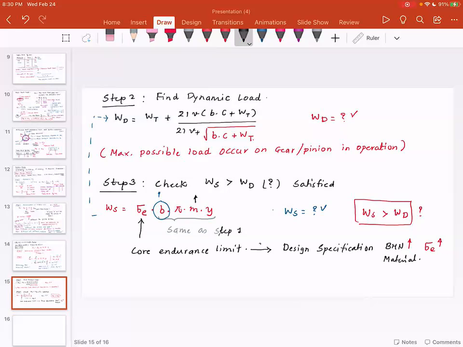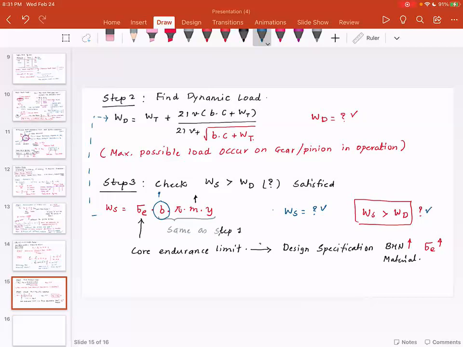If changing the design specification, like increasing the Brinell hardness number or changing the material, does not help, then we have to go back and change the geometry. The easiest geometrical parameter we can change with fewer iterations is the face width. If that does not solve the problem, then we have to go back and change the module and repeat from step 1. So assuming all is well, at this point, which is step 3, WS is greater than WD. So that condition is satisfied.